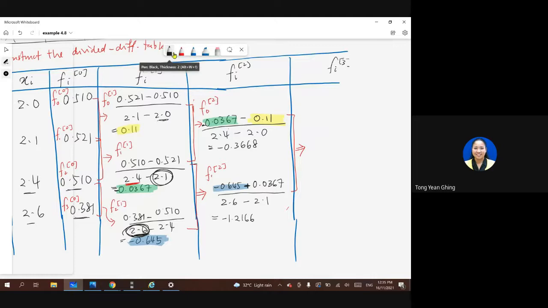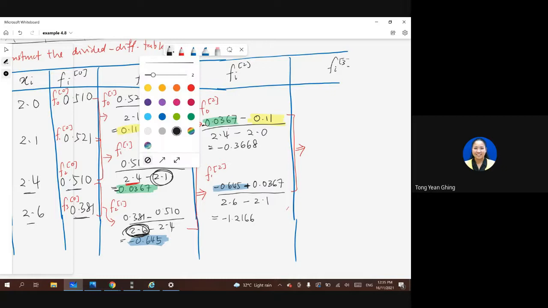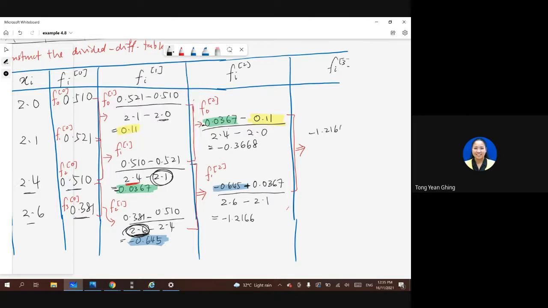Consider from x0 until x3. So this one is negative 1.2166 minus negative 0.3668 divided by 2.6 minus 2.0.